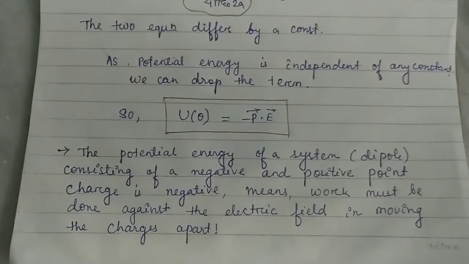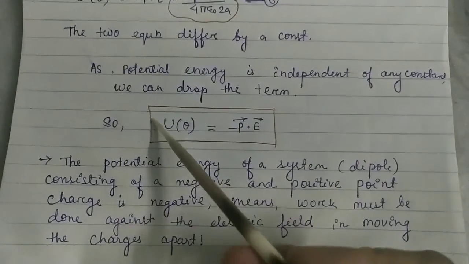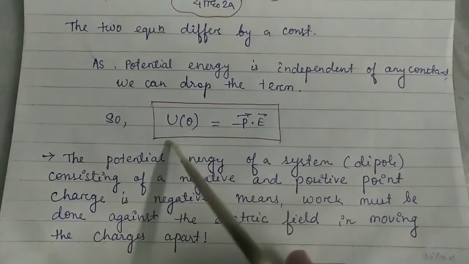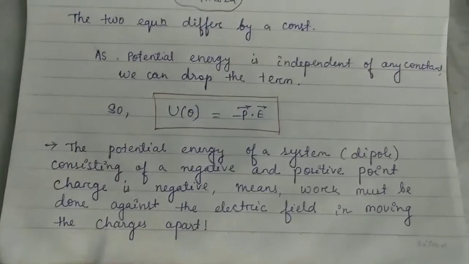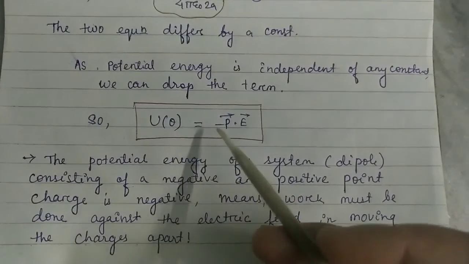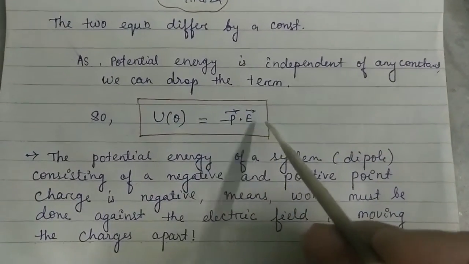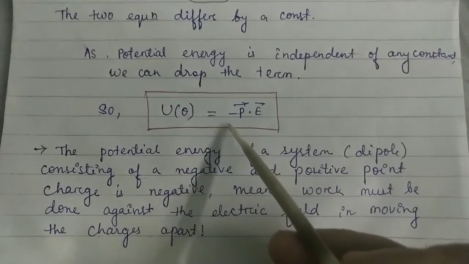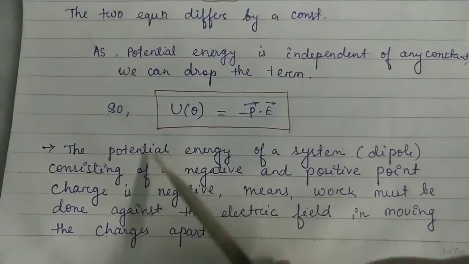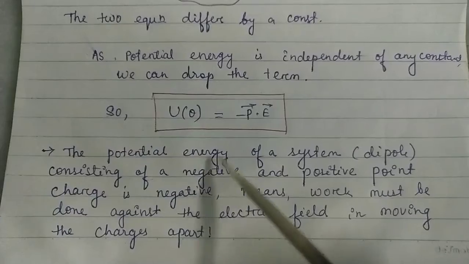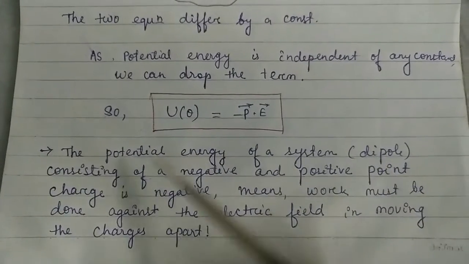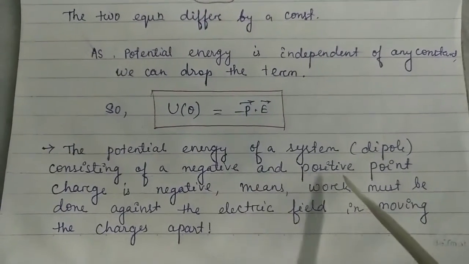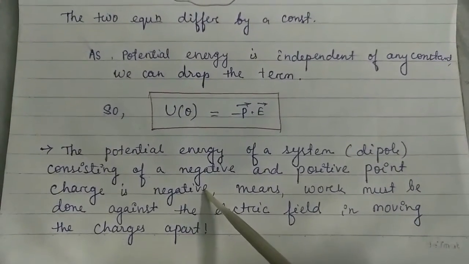Now here, see student, we got the final formula, that is potential energy for a dipole in an external field. What is the formula? U theta equal to minus P vector dot E vector. That means potential energy is negative here. What is the meaning of negative potential energy? I have explained here that the potential energy of a system, that is a dipole, which consists of a negative and positive point charge, is negative.